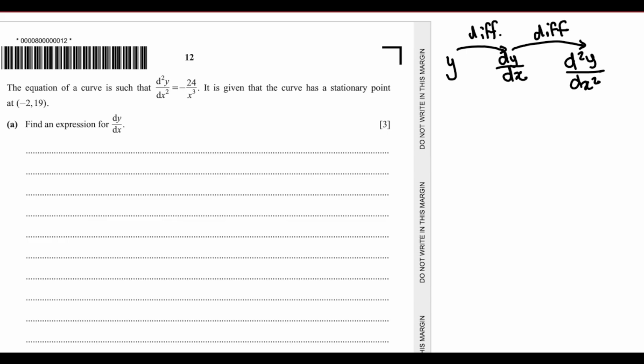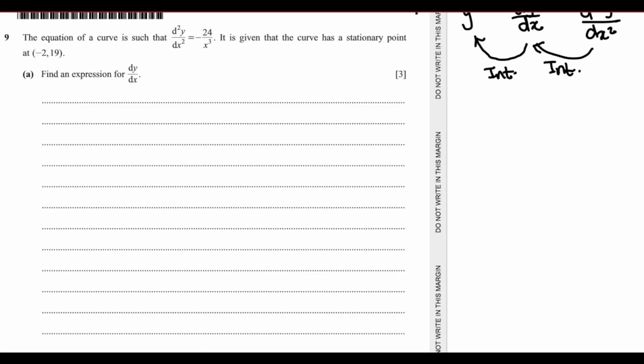Now we have the second derivative only. How can we move from the second derivative to the first derivative? We need to integrate. Even if we want to go from that first derivative to the original, we also need to integrate.